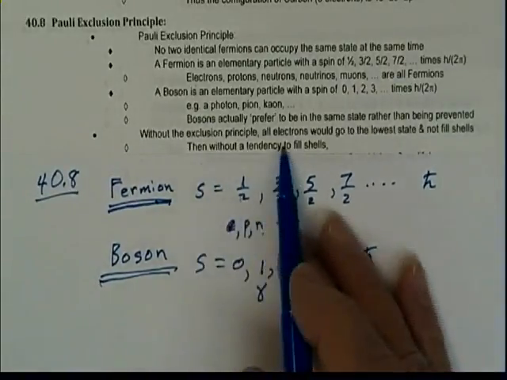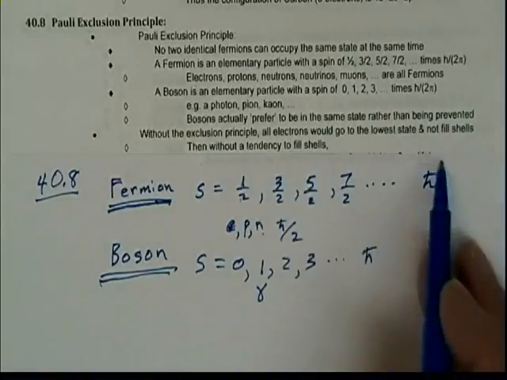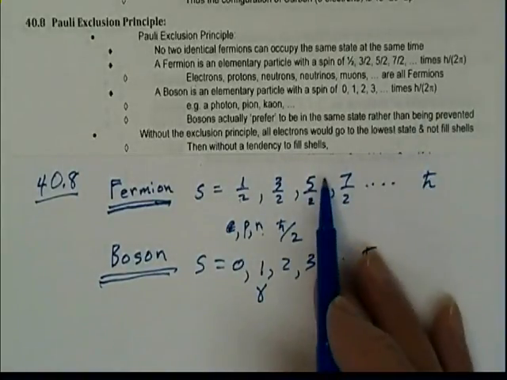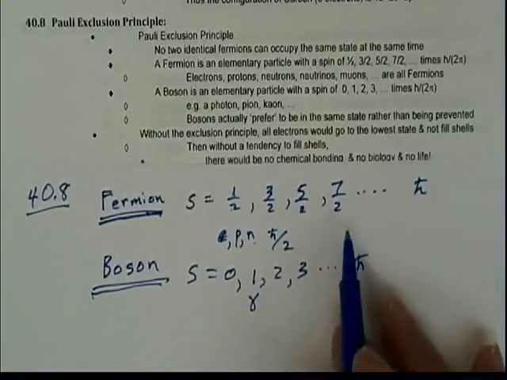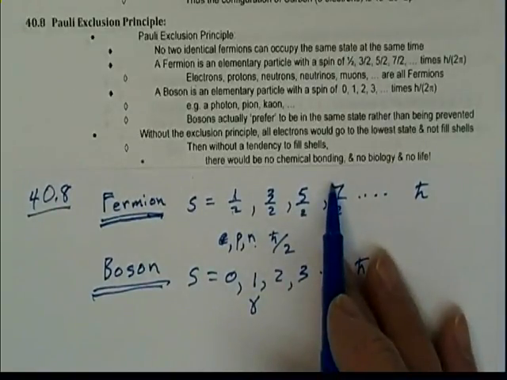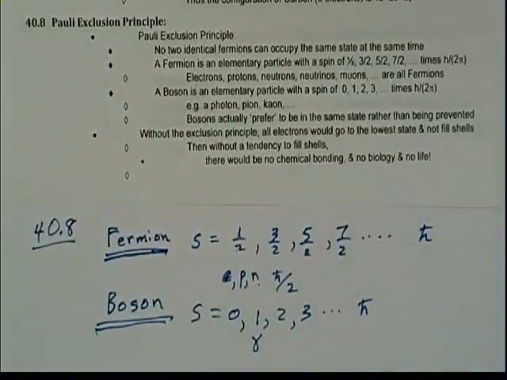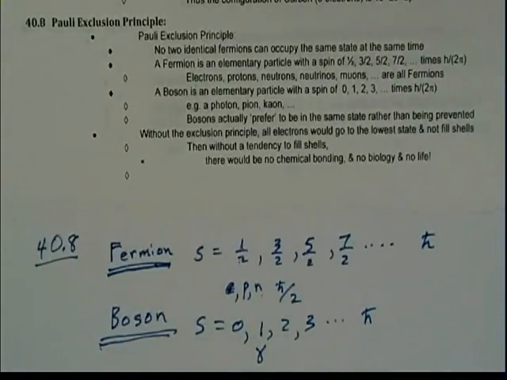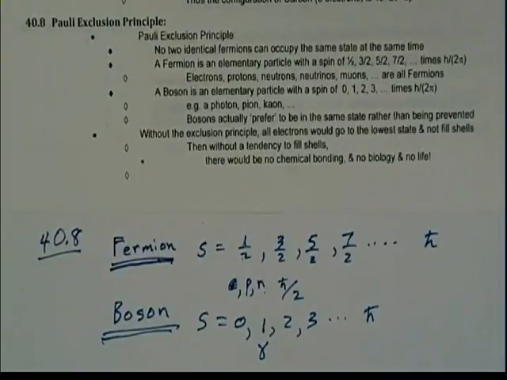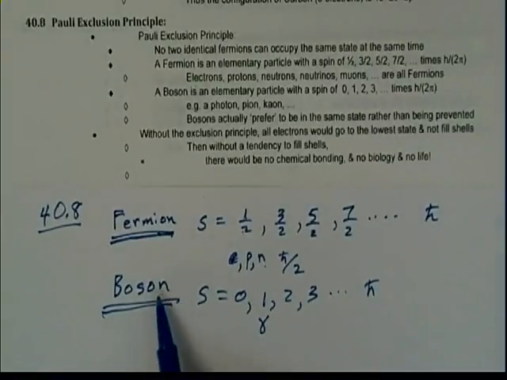And as I said, without the exclusion principle, all the electrons would go to the lowest state and they wouldn't fill up shells. Then without a tendency to fill up shells, there'd be no chemical bonding, and then no biology, and then no life. I want to go a little bit further in talking about this. This comes from actually a deeper principle having to do with the exchange of particles and the relationship that particles have if they're identical in quantum mechanics.